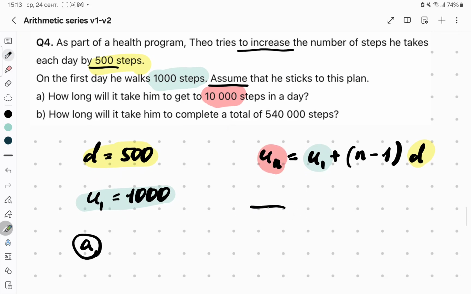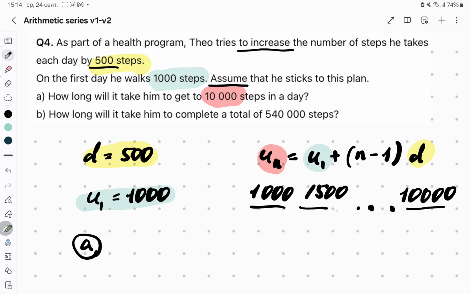So let me illustrate how it looks. The first day it is 1,000, the second day 1,500, and so on. And the question is, on what day will Theo reach 10,000 steps?